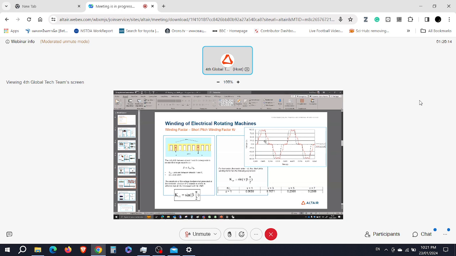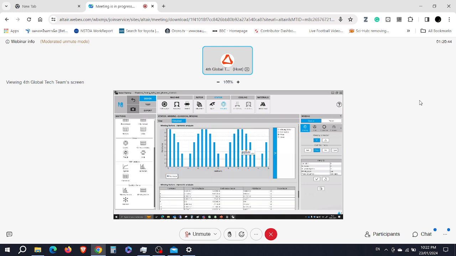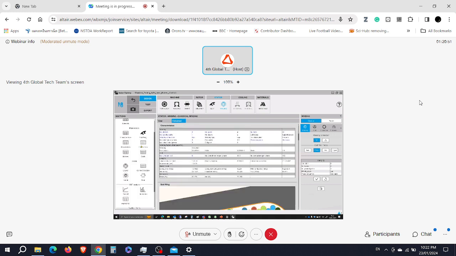And here, if I go back to my winding and put the number of layers to 2, then instead of 9, I can put a shorter one. Then if I go to my winding factor, I can see that I have this pitch factor different from 1. And I can see it here as well in the characteristics of my winding.